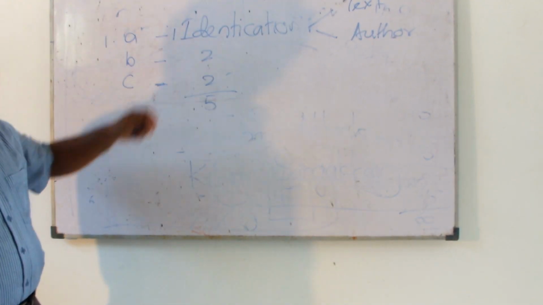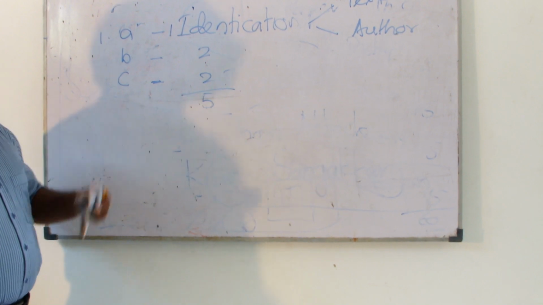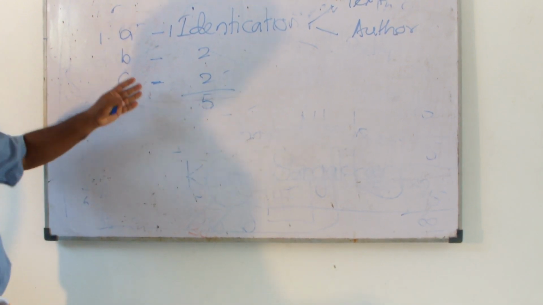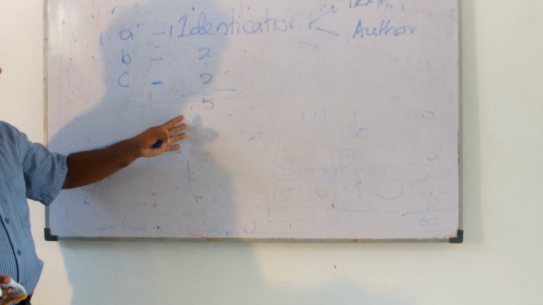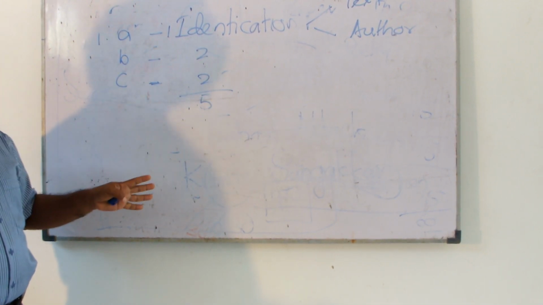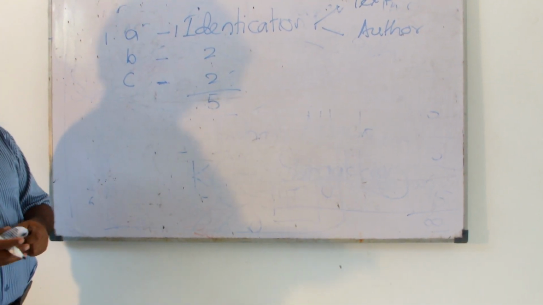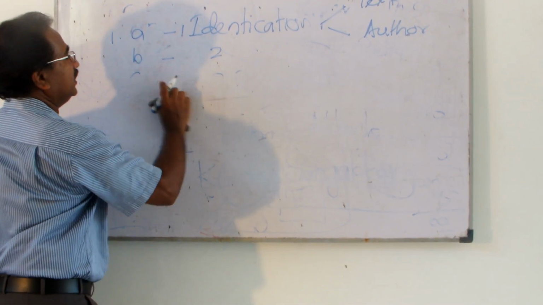So this is how the first 6 questions are given marks. If you can remember the names of the texts and the names of the authors properly, you can easily get 30 marks for the first section, section A.